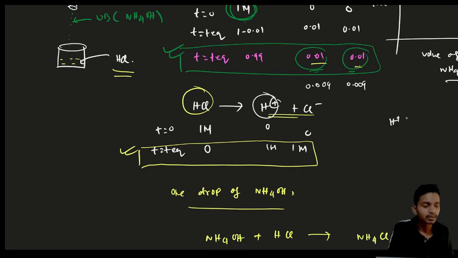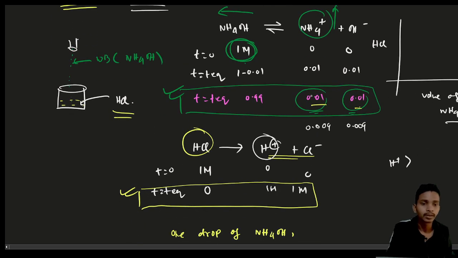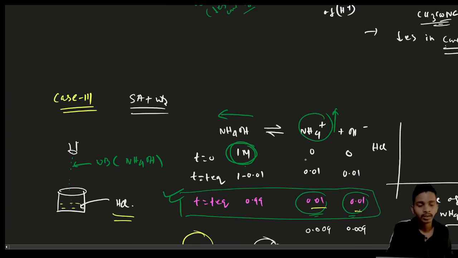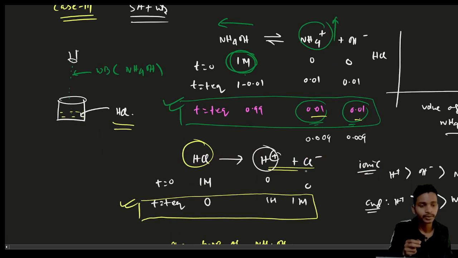Its ionic mobility is more than that of OH minus and NH4 plus, so its conductance is also high. Strong electrolyte means completely dissociated, so a high amount of H plus means high conductance.